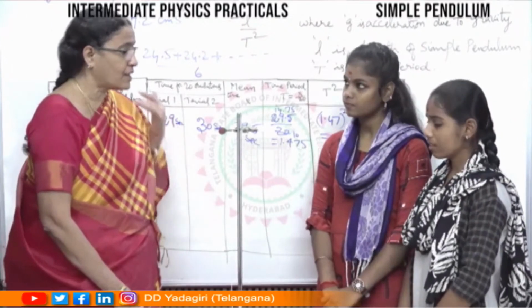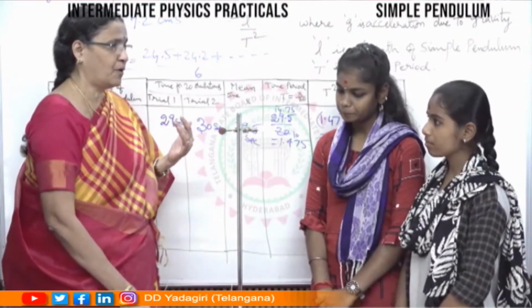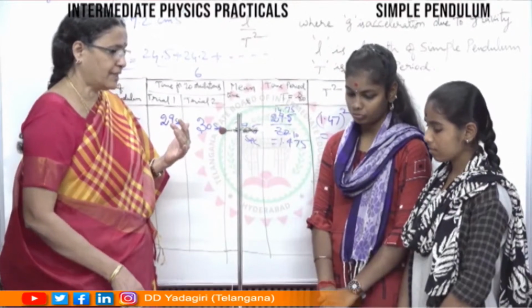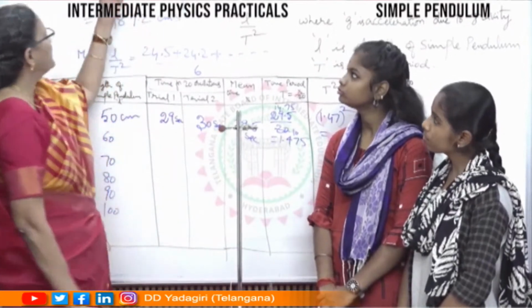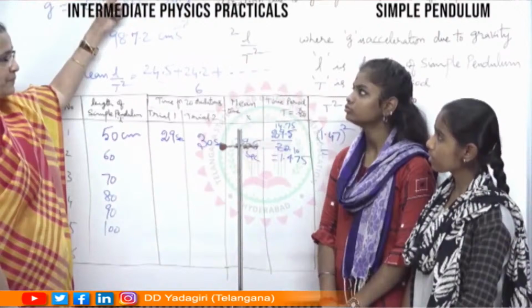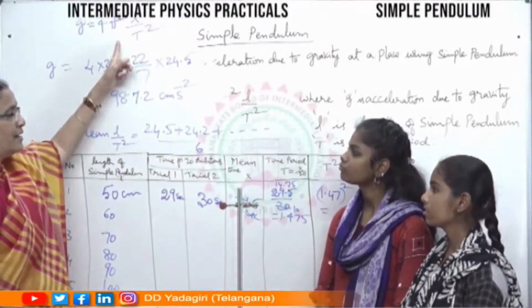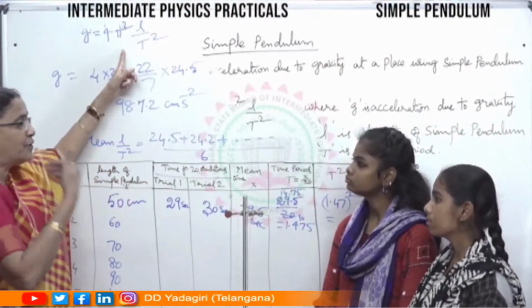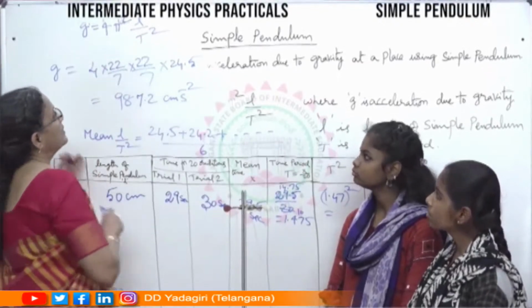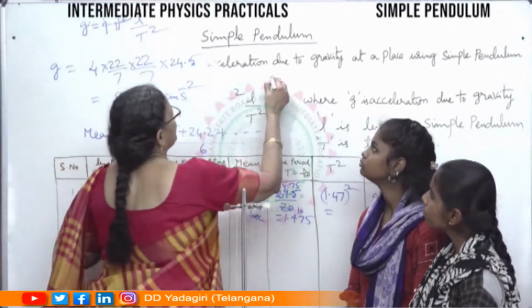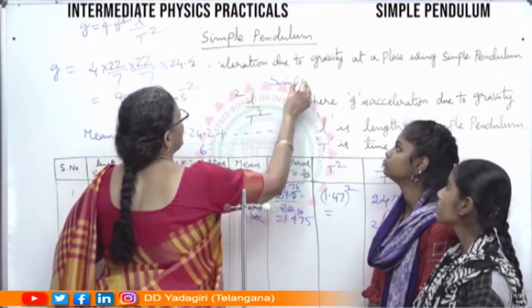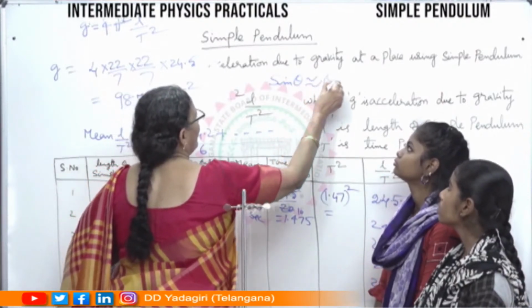There is a reason. What will happen if you take the amplitude more? If you take the amplitude more, we are using this formula. Yes. This formula is derived assuming that sin theta is approximately equal to theta.